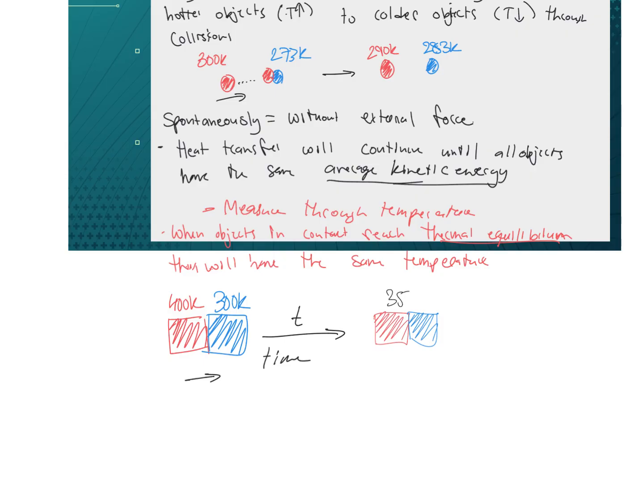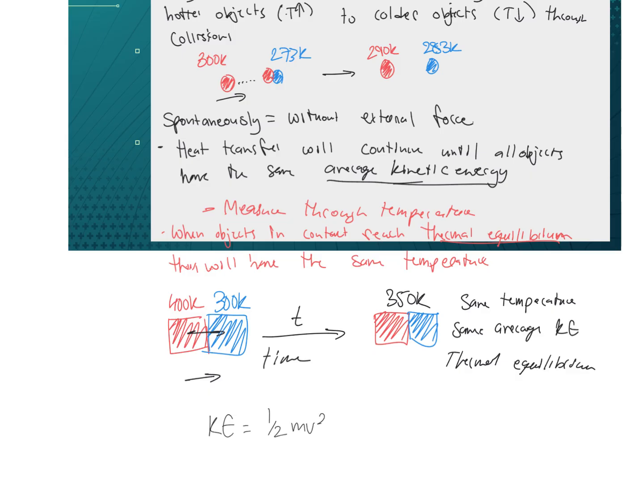Let's say 350 Kelvin. And so once they're at the same temperature, they have the same average kinetic energy, or KE. That means that they've reached thermal equilibrium with each other. And of course, it's always going to flow from the hot object to the cold object. And as a reminder as well, our kinetic energy is equal to 1/2 mv squared.